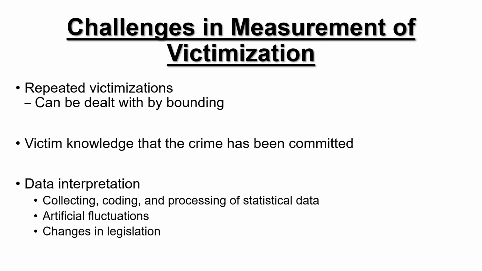We talked a little bit about bounding, but essentially measuring repeated victimizations can be difficult. If you're looking at crime, the National Incident-Based Reporting System, the NIBRS, reports on different incidents as long as they are the same.